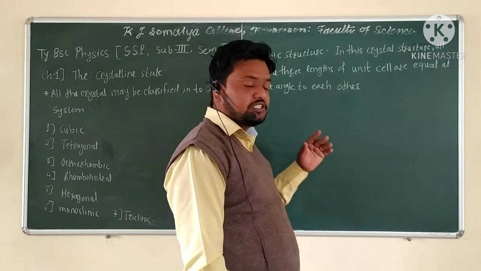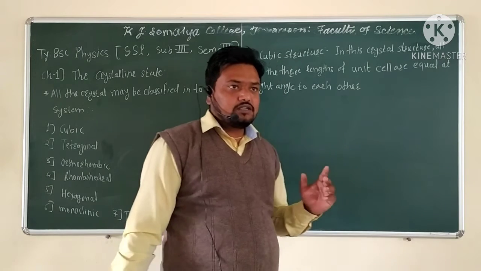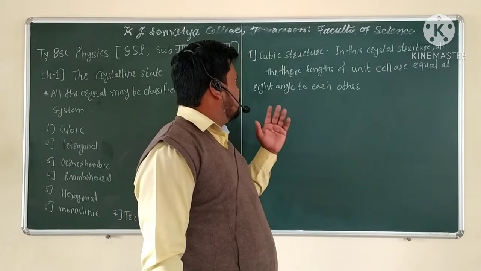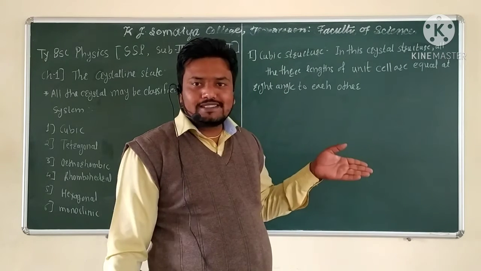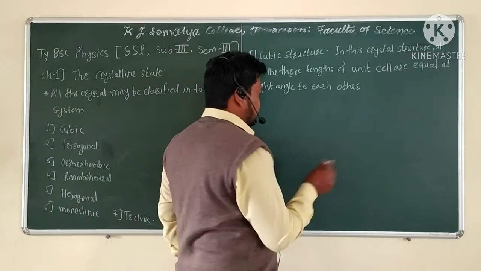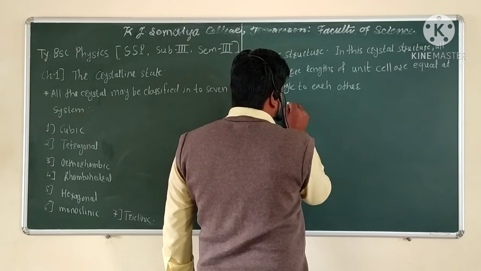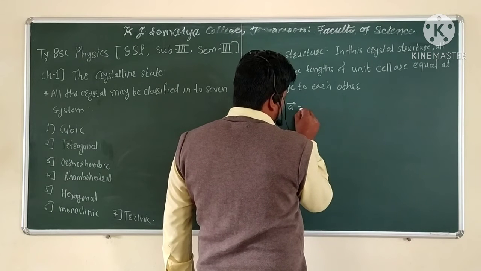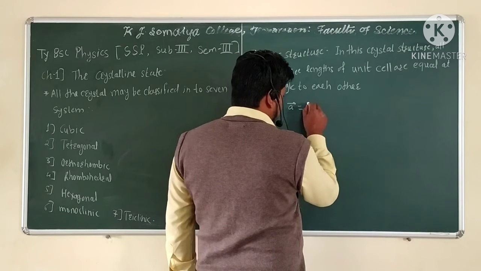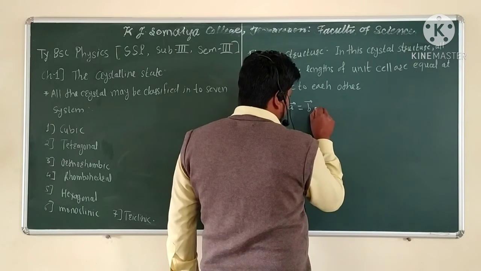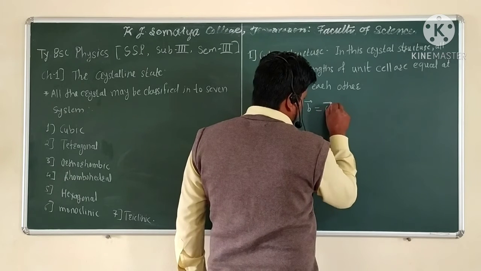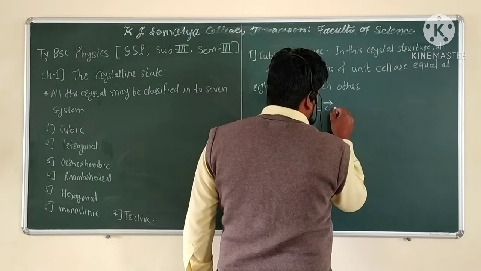In this crystal structure, all three lengths of the unit cell are equal. That means the lengths of vectors a bar, b bar, and c bar are equal: a bar equals b bar equals c bar. This is the main condition.